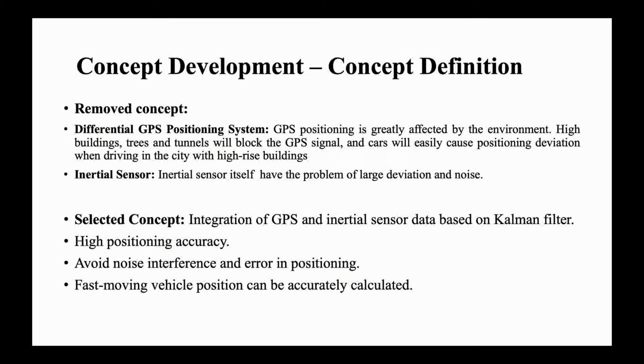From what we have discussed above, for the differential GPS positioning system, GPS positioning is greatly affected by the environment, and the inertial sensor itself has a problem of large deviation and noise.